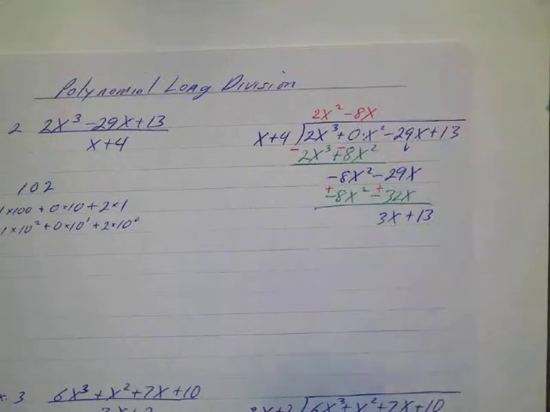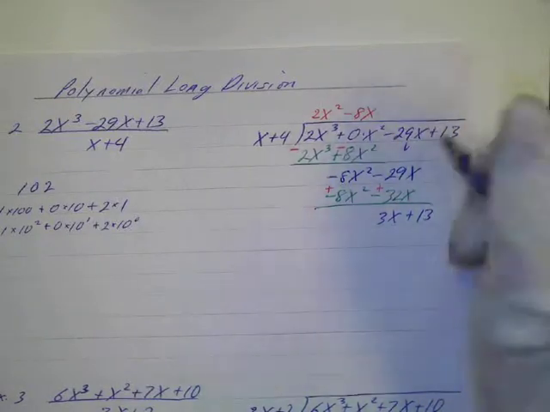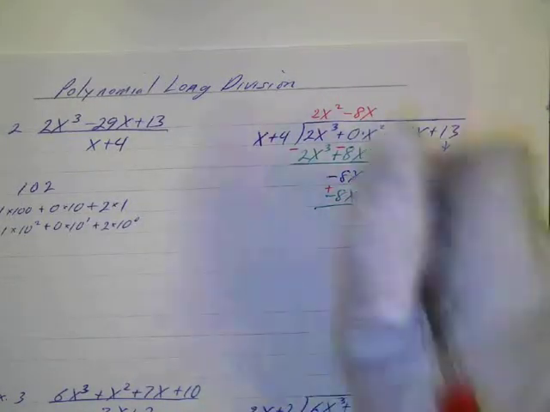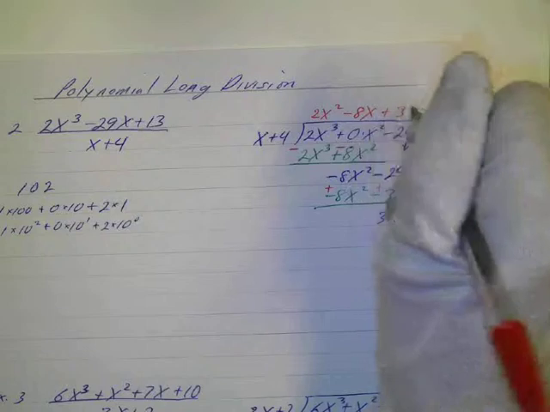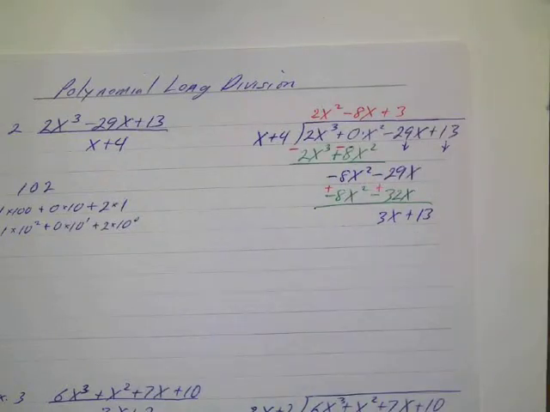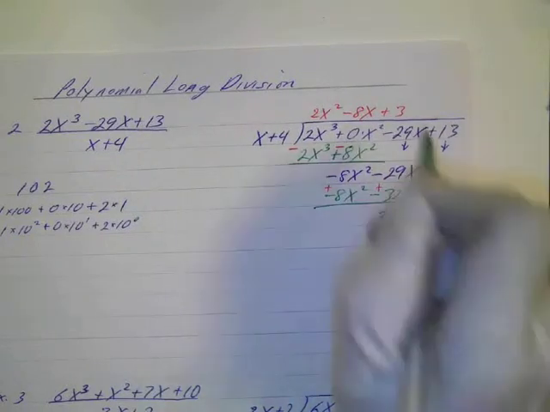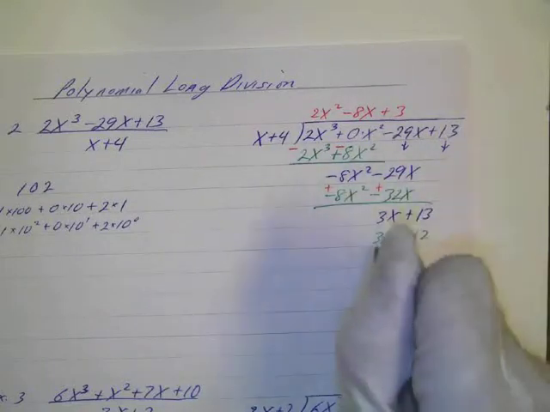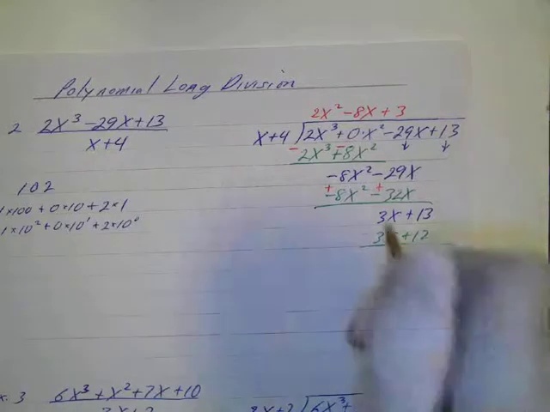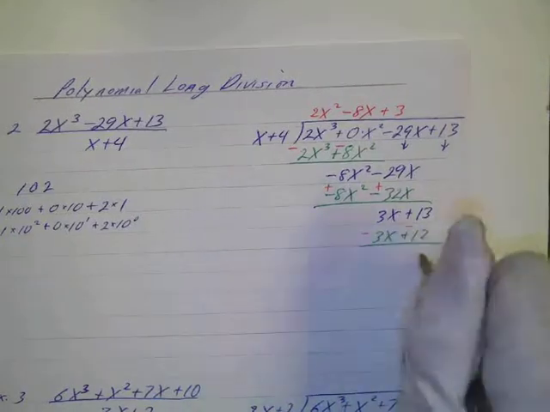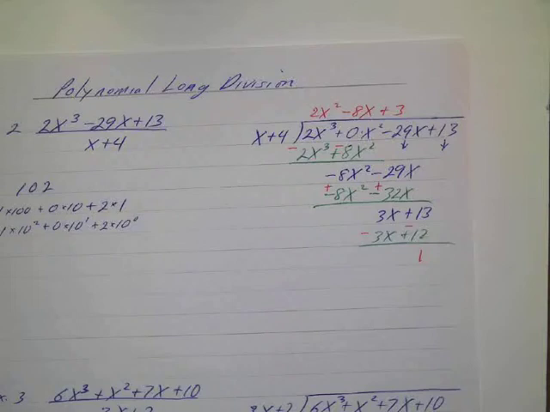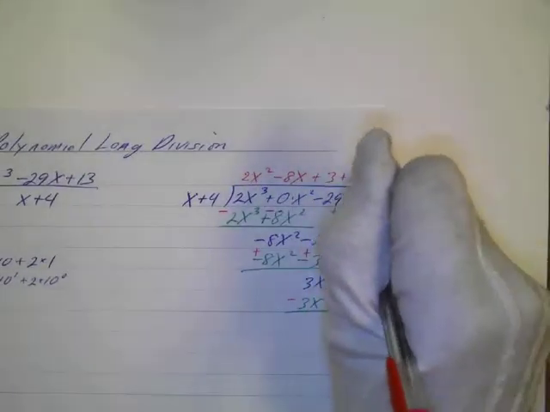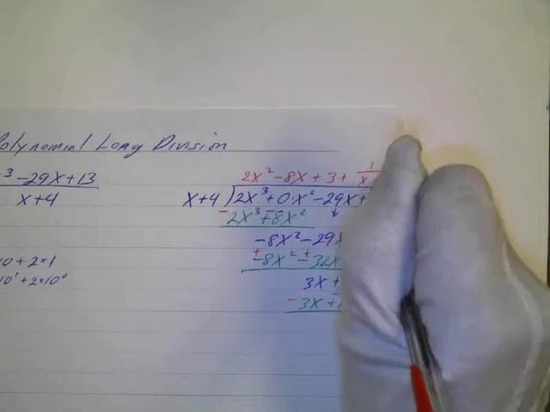13, bring down the 13, of course. And I multiply x by 3 to make a match. And that's going to be 3x. And then plus 12. Change my signs. And 13 minus 12 is 1, so I've got a remainder of 1. So I could write the remainder over the divisor, plus 1 over x plus 4.